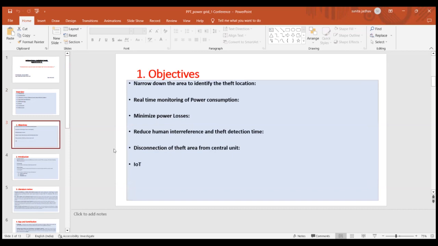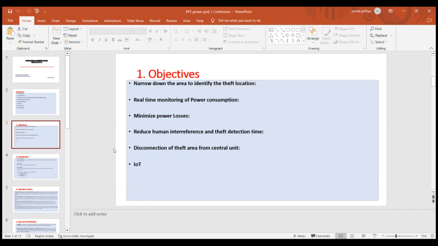First of all, we will see the objectives. As we all know, in India, the electrical power grid is mostly of open network type, so it becomes very difficult to find out the theft, especially by hooking in rural areas, particularly for distribution systems.